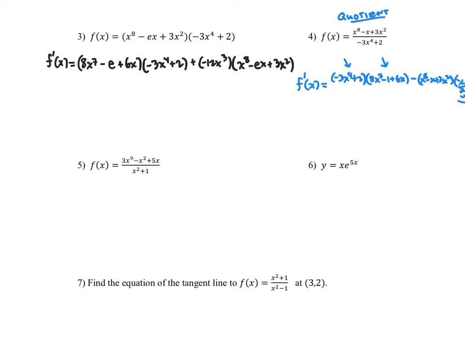Oh my gosh, I'm running out of space. Okay, that's all going to be over negative 3x to the 4th plus 2 quantity squared. There's your derivative. I am not cleaning that up, okay?